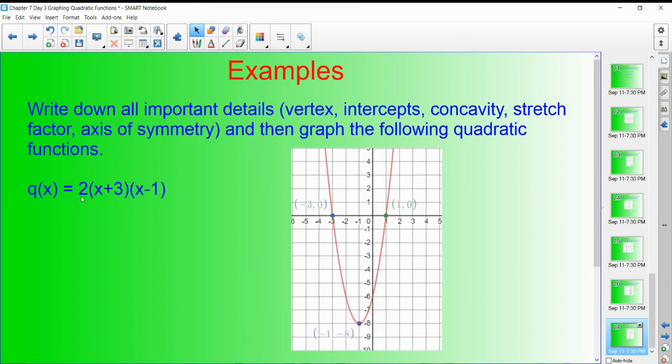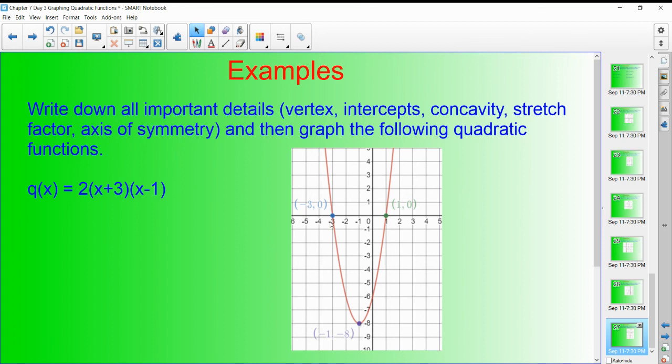And then factored form. So what makes this first parenthesis 0? -3. What makes the second parenthesis 0? +1. What's in between -3 and 1? Is -1. So if I put -1 in for x, I evaluate and get -8. So in this case, I didn't go left 1 and up however many.